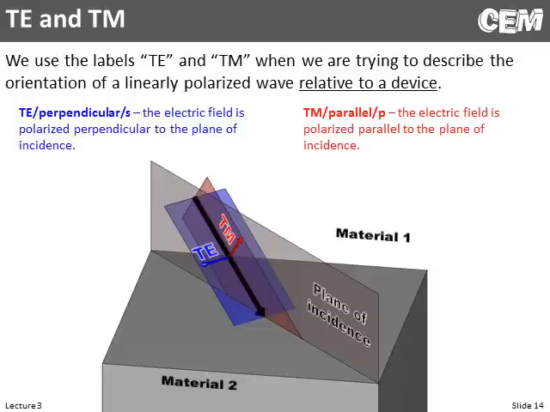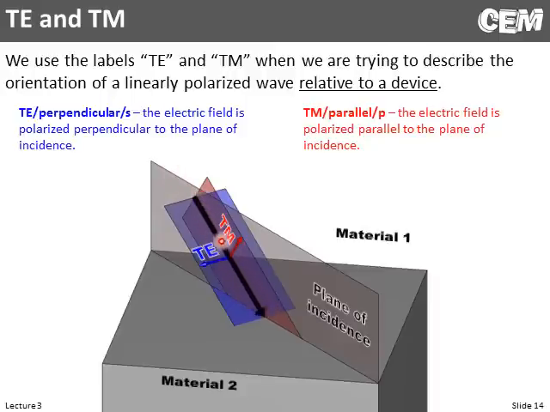So very often people talk about waves being polarized either TE or TM. And the thing to remember, when you hear TE and TM, that means there's a device involved. It doesn't make sense to just have a wave out in outer space and say it's TE or TM polarized. That doesn't make sense. There's got to be a device. And so when a wave hits a device, it comes in at some arbitrary angle, right, and it hits.